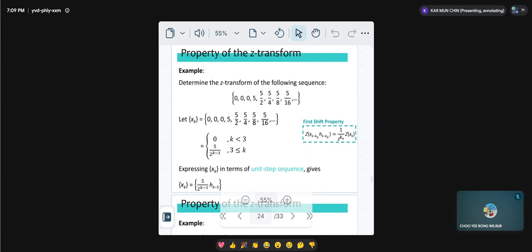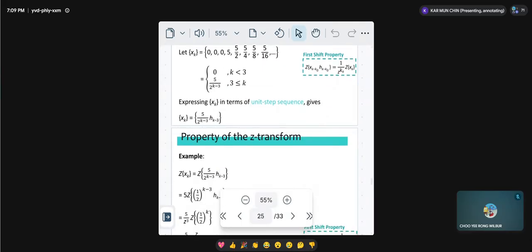So you know how to form these expressions according to the given sequence here. Of course, the sequence given there, you must be able to form this.